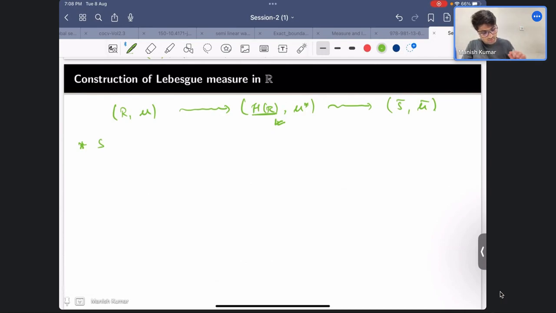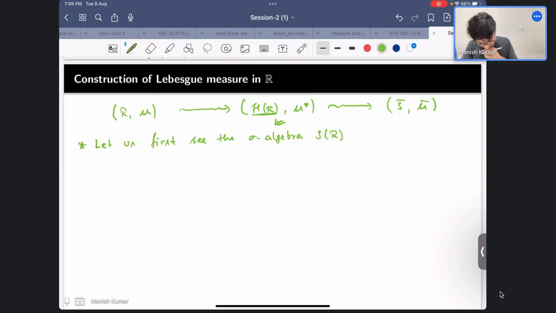We know that such things will exist, and now I'll try to make it more precise, as far as it is possible. So let us first see the sigma algebra S(R), the sigma algebra generated by this ring R.